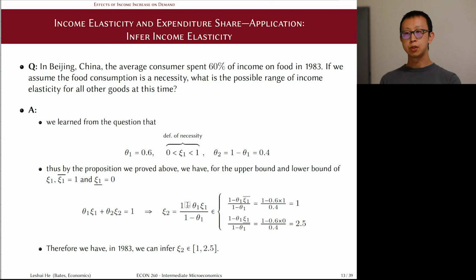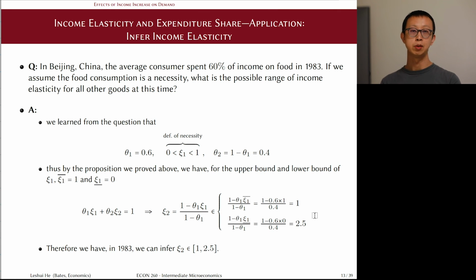So we can just use this expression we derived and plug in the two extreme values of Xi1. We found that Xi2 will take the value of 1 when Xi1 takes a value of 1, and Xi2 will take a value of 2.5, a much higher value, when Xi1 takes the lower bound value of 0. And of course, from our previous argument, we know that Xi2 is going to lie somewhere between 1 and 2.5, as Xi1 runs between 0 and 1.